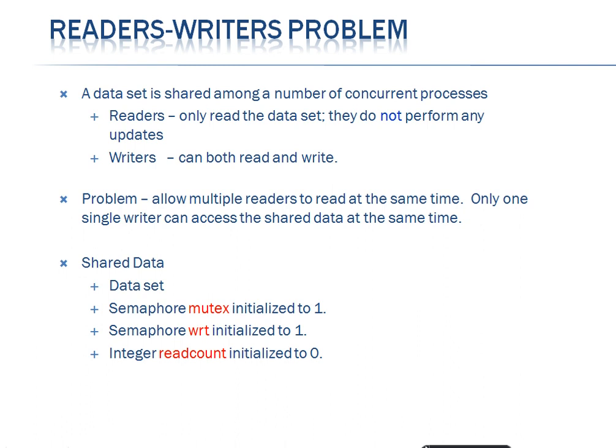Now the problem here is to allow multiple readers to read at the same time, while only one single writer can access the shared data at a time. So we can allow multiple readers to read the same shared data elements, but there can be only one writer having access to manipulate the shared data elements.